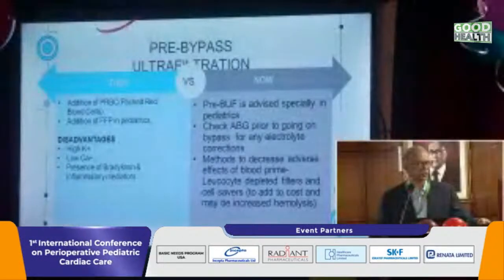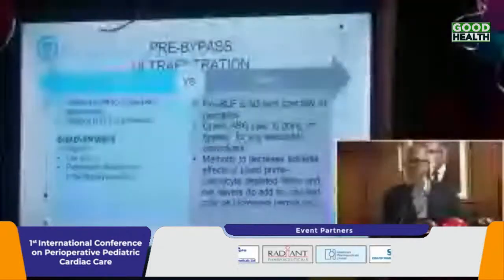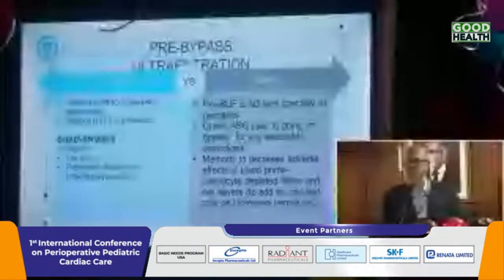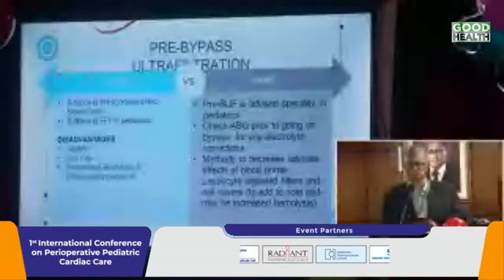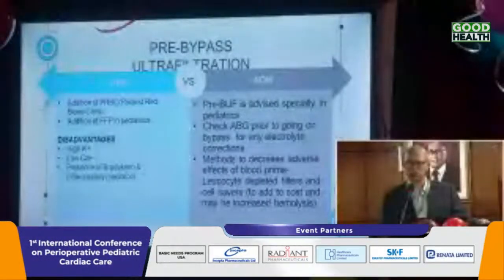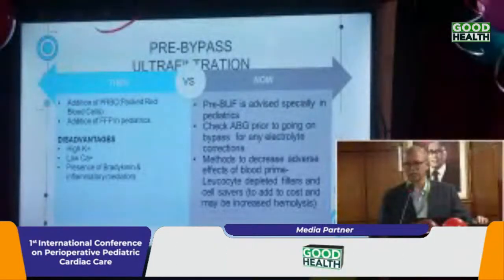Now we can have bypass ultrafiltration, and during the surgeries we have the liberty of using conventional and modified ultrafiltration. Modified ultrafiltration is most often used in pediatrics to have a target hematocrit of around 28 to 30, which will be beneficial for the outcome of the patient.